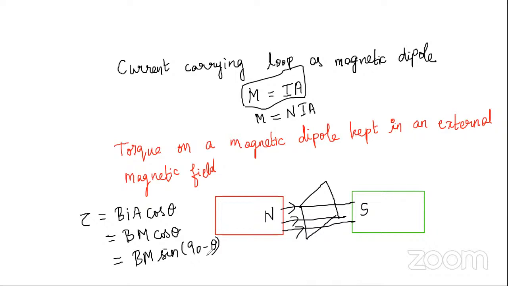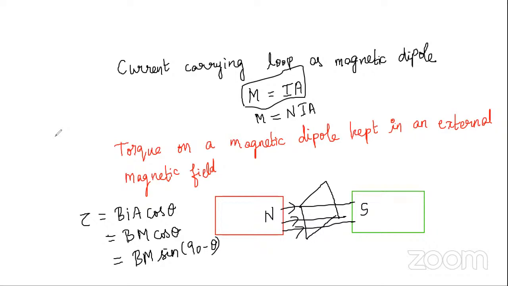So tau equal to BM cos theta, or BIA cos theta. When you have N number of turns, you can also substitute. Another formula is tau equal to m cross B, when you have alpha as the angle.